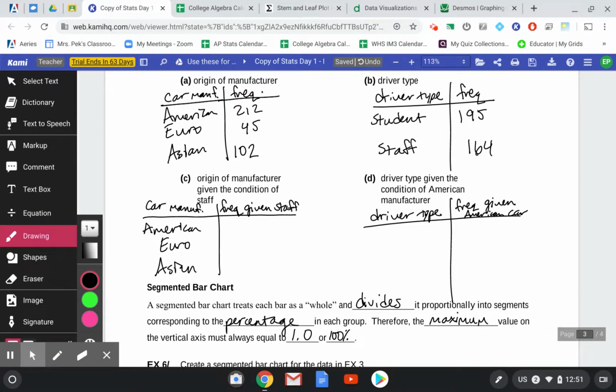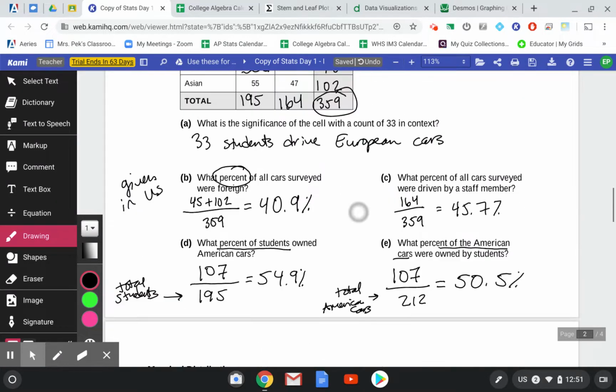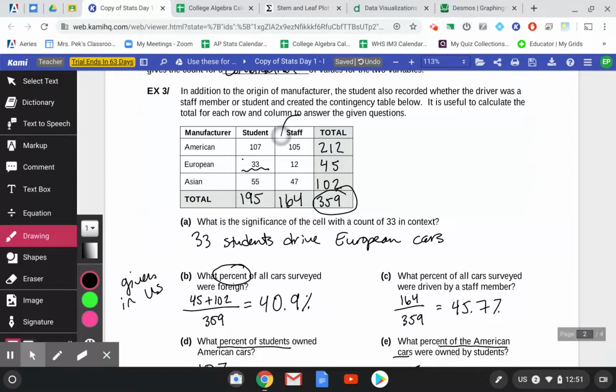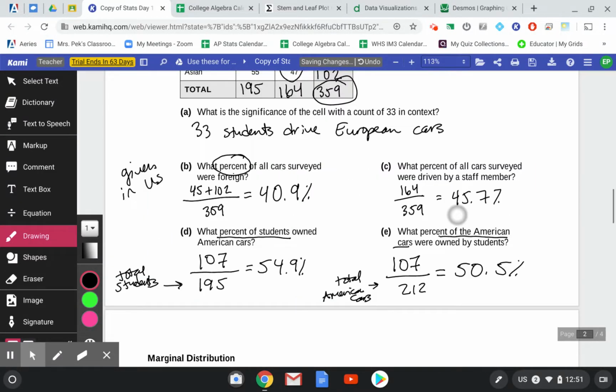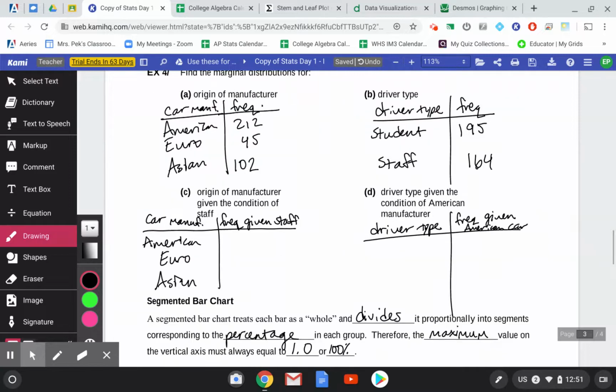I've just kind of given that little bit of information. So out of all the staff members, if we look back up here, these are the numbers that I'm looking at here. So out of the staff members, 105 have American cars, 12 had European cars, and 47 had Asian cars.